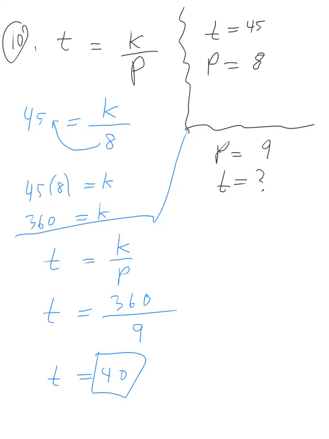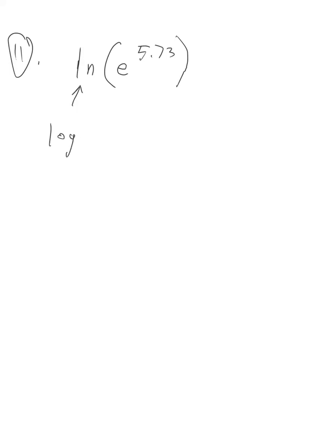Then let's look at number 11. Number 11 says, find the exact value of the logarithm ln of e to the power of 5.73. To do this problem, you have to understand that the ln is an abbreviation that means log base e.